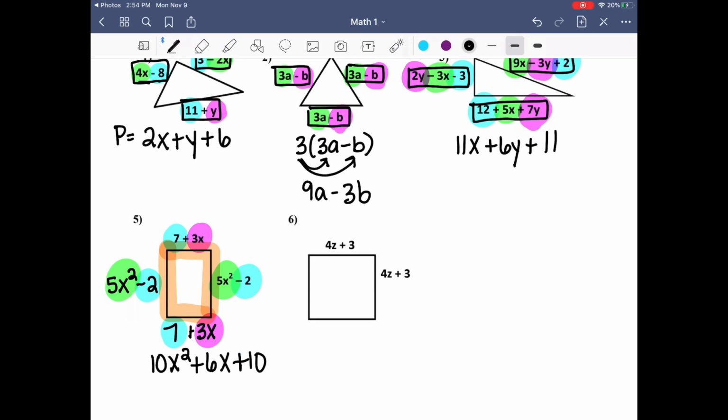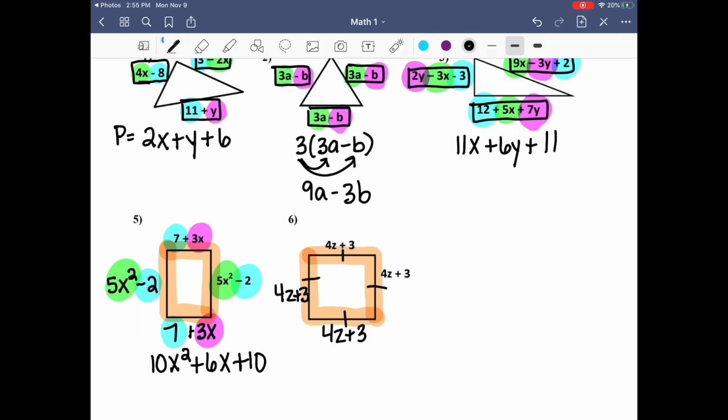All right, so the same rule applies for the next one, except I can see that this next one is going to be a square. I have 2 sides that are equivalent. I have 4z plus 3. I also know that this one is 4z plus 3, and this one is also 4z plus 3. So what I can conclude about the rest of it is that it is a square.